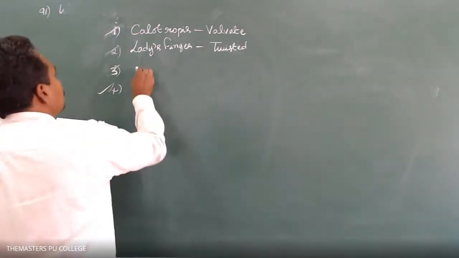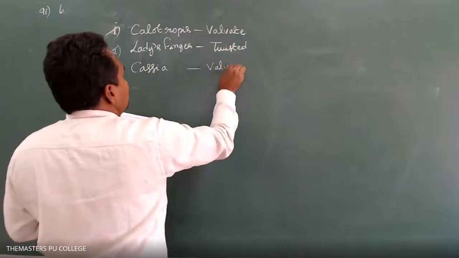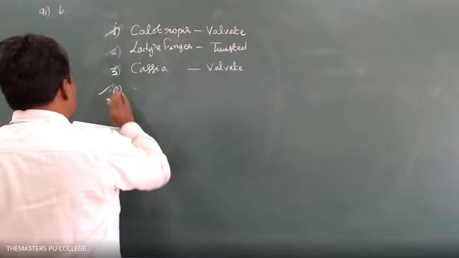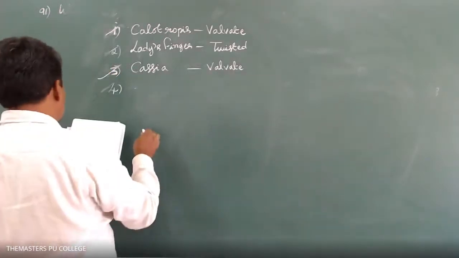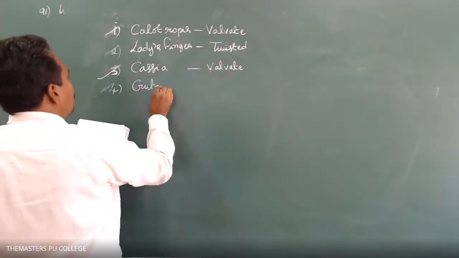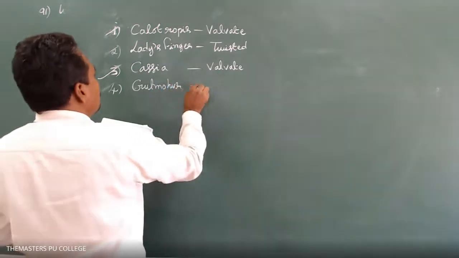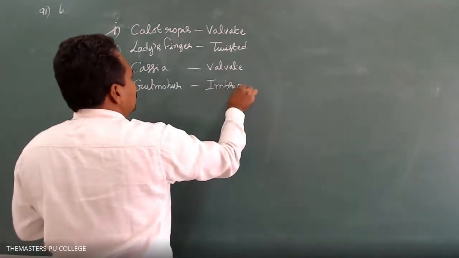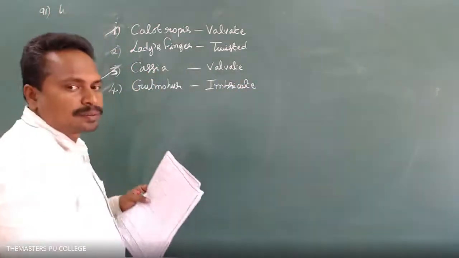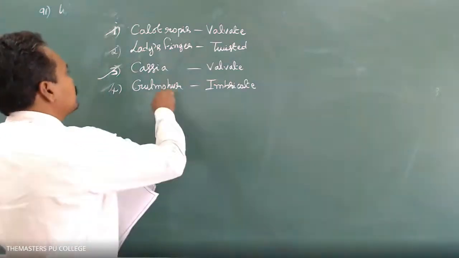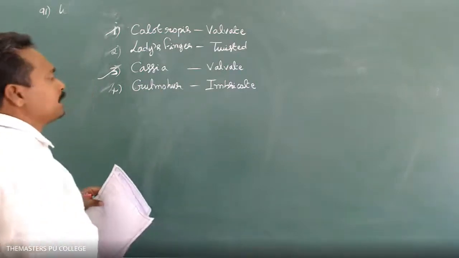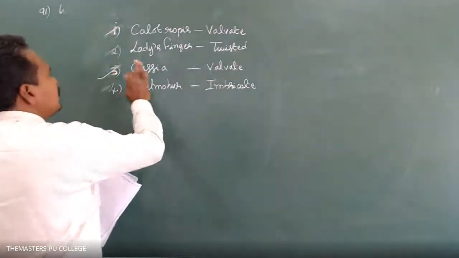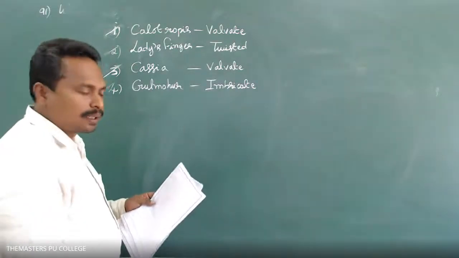Option 3 is Cassia, valvate. Sir, option 3. Very good. Option 3 is correct. Option 4 is gulmohar, imbricate. What is the estivation in Cassia? Please message me the answer. Imbricate. Very good. But here it is given as valvate, so it's an incorrect match. So the third option is the correct answer.